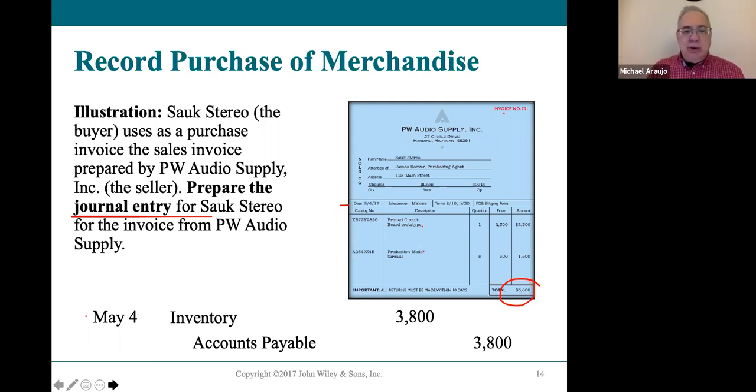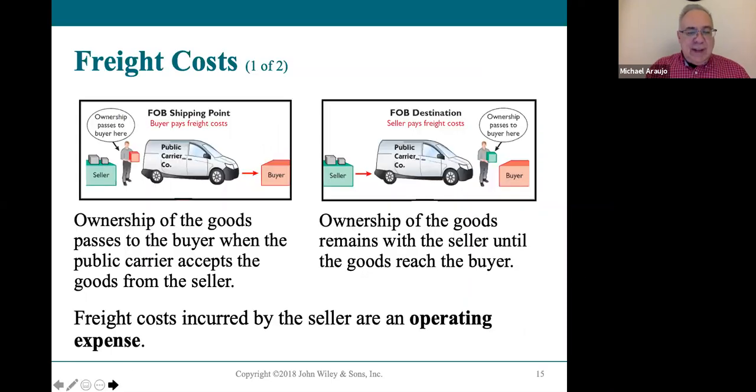When you're buying merchandise, business to business, debit the inventory because it's more inventory, right? Inventory is an asset. They just bought more of it. Accounts payable, liability. They owe this money either in 10 or 30 days, their choice, but they owe it, okay? So that's how that starts.